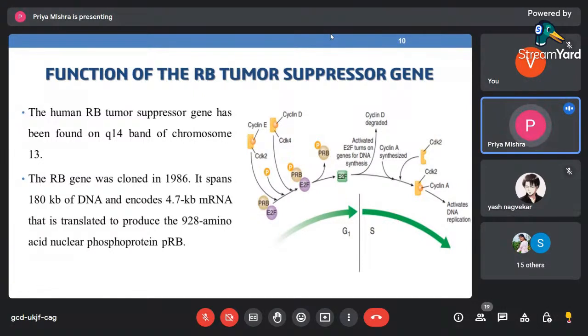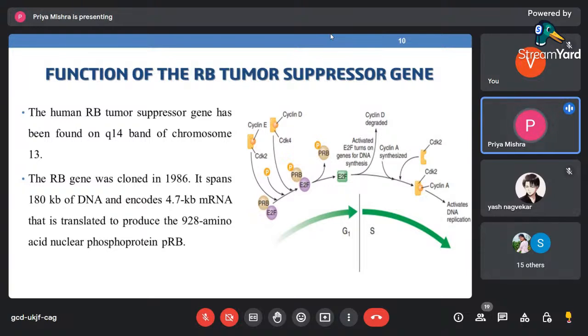Now the active transcription factor turns on the transcription of the genes for DNA synthesis. As the cell begins DNA synthesis, cyclin D and cyclin E are degraded and cyclin A is synthesized while entering S phase, and the cyclin A complex forms, which activates DNA replication.